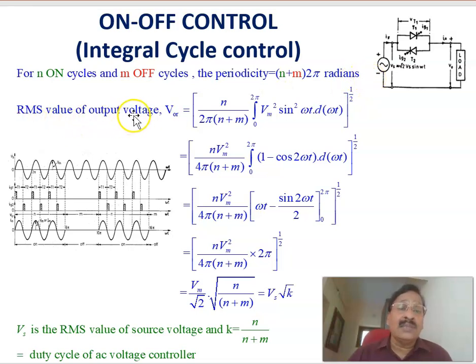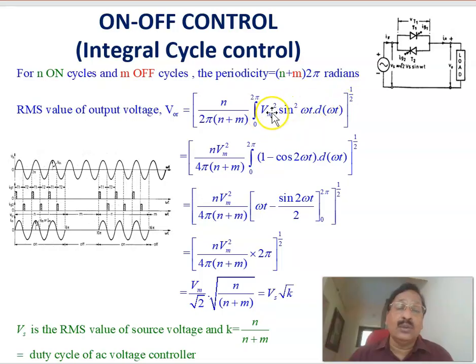The RMS value of the output voltage can be calculated as the square root of the integral from 0 to 2 pi of Vm square sin square omega t.